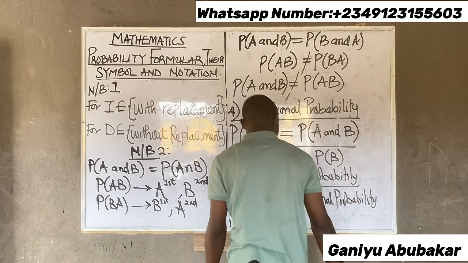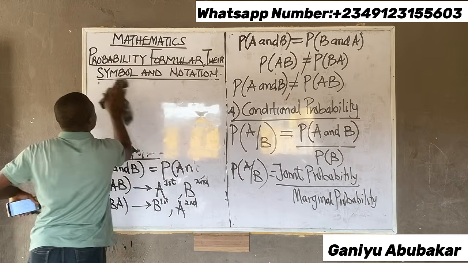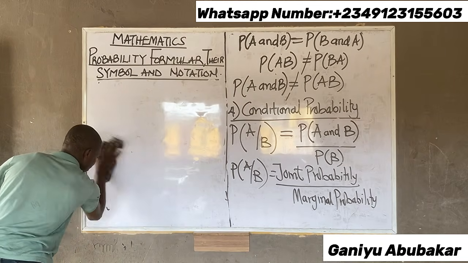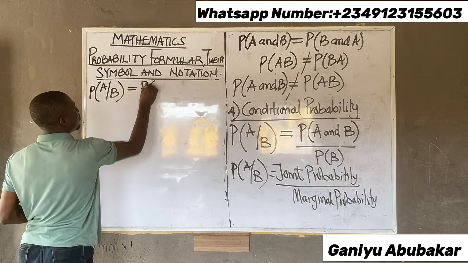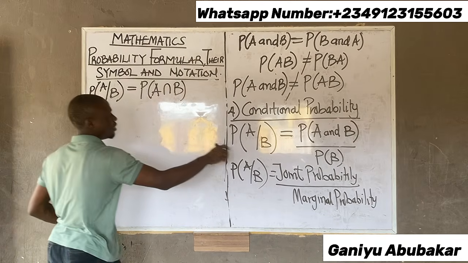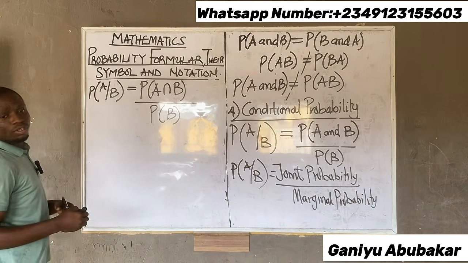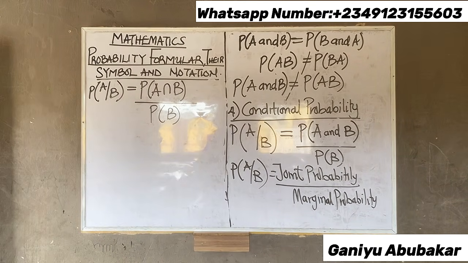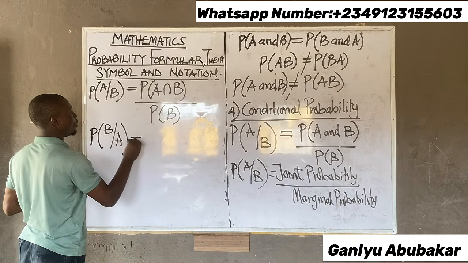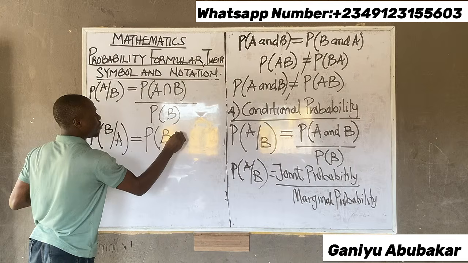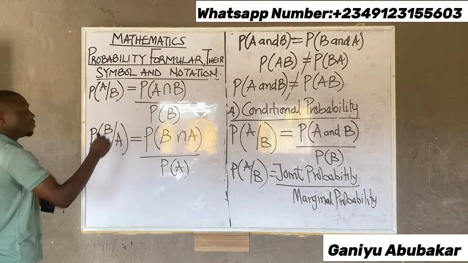If I want to write it in symbolic form, it could be expressed as the probability of event A occurring, given that B has already occurred, is equal to the probability of the intersection of A and B, divided by the probability of B. If I choose to swap it, the probability of B will occur, given that A has already occurred, is equal to the probability of the intersection of B and A, over the probability of A. So observe that this is the same approach.